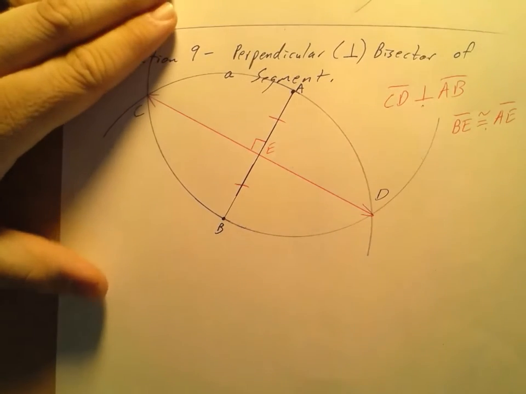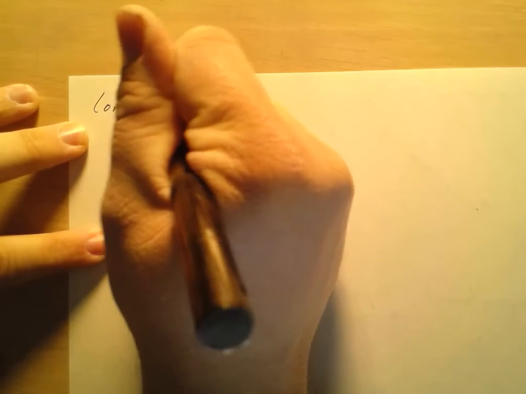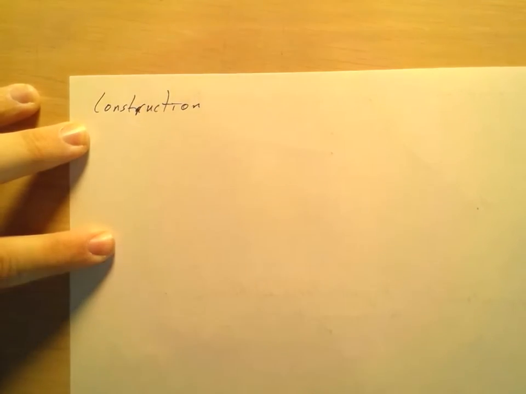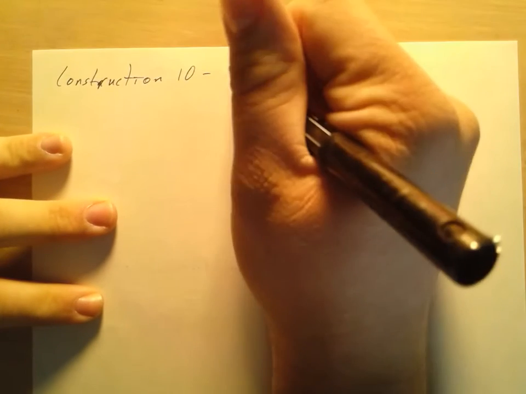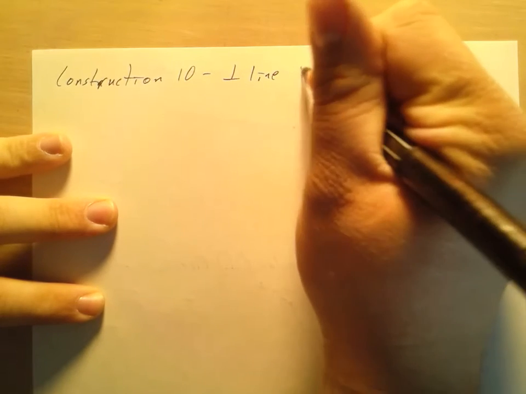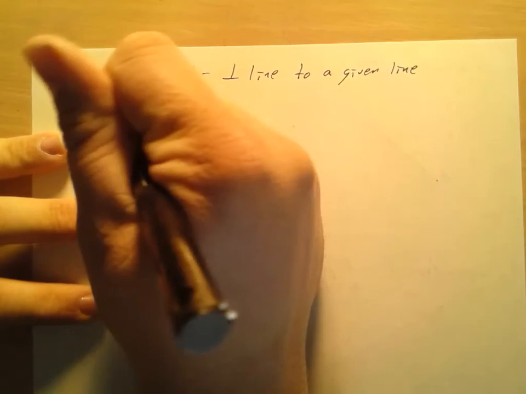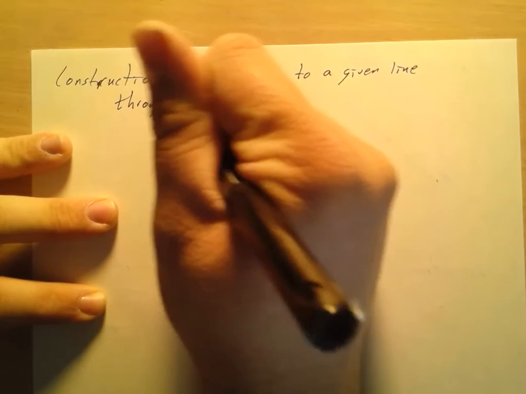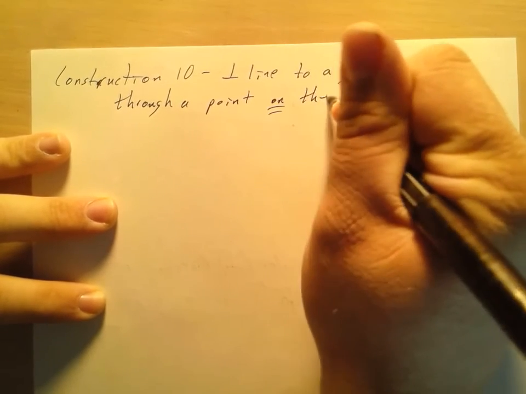Next up, we go ahead and we look at what happens if we want to draw a perpendicular line to a given line through a point on the line.